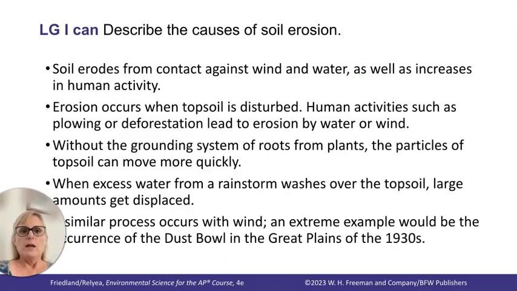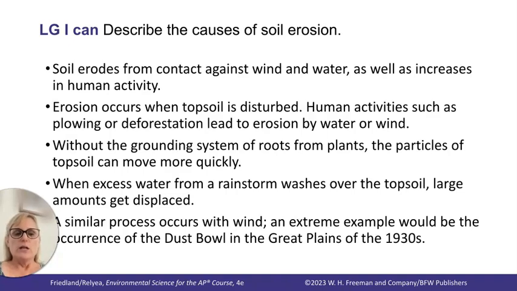All right, so soil erosion is a big deal. Soil erodes from contact with wind and water and increases with human activity. Erosion occurs when topsoil is disturbed, when we plow the soil, when we cut down trees and don't plant them back.